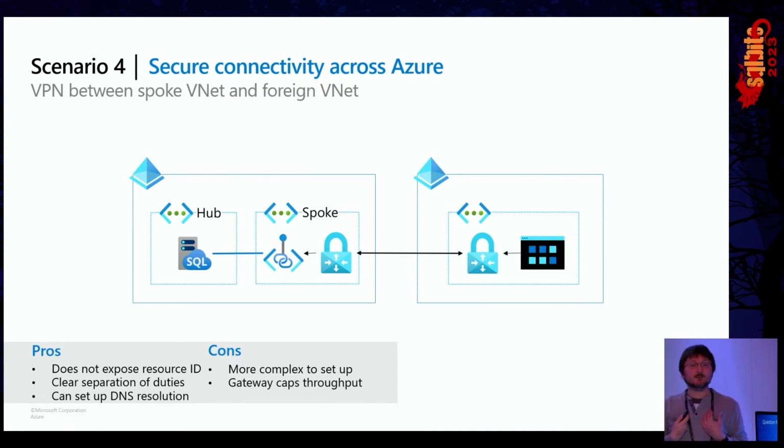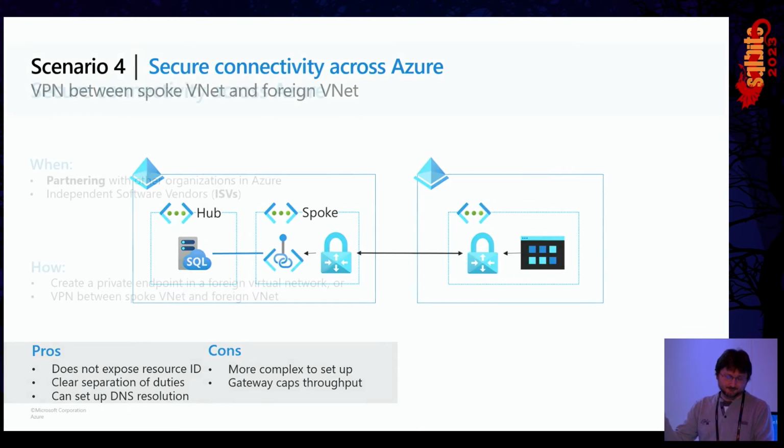We retain the ownership of creating and removing private endpoints. The customer on their end, or the partner tenant, doesn't have to concern themselves with creating private endpoints or doing anything. They don't have to set up DNS resolution. We can do it on their behalf. So this would be a more scalable way of achieving a similar thing of cross-tenant connectivity. Similar, again, gateway will cap this throughput.